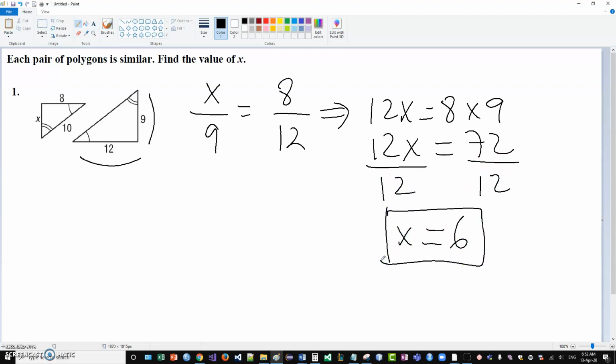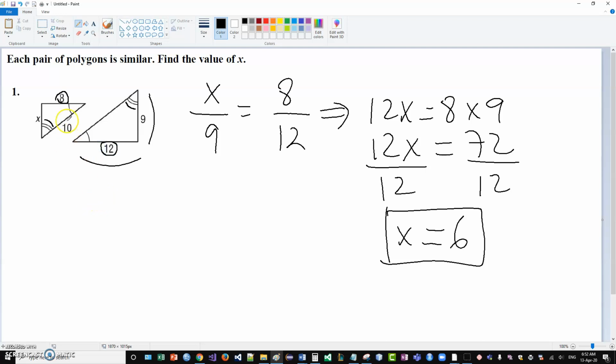Now you have to be careful how you select the corresponding sides. For example, the angle corresponding to this angle is this one, so these two sides are corresponding sides.